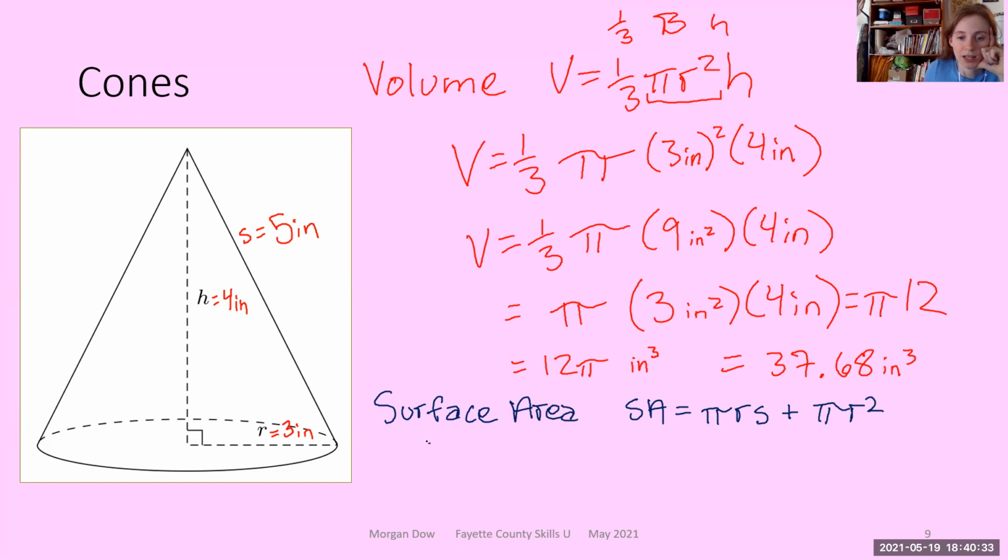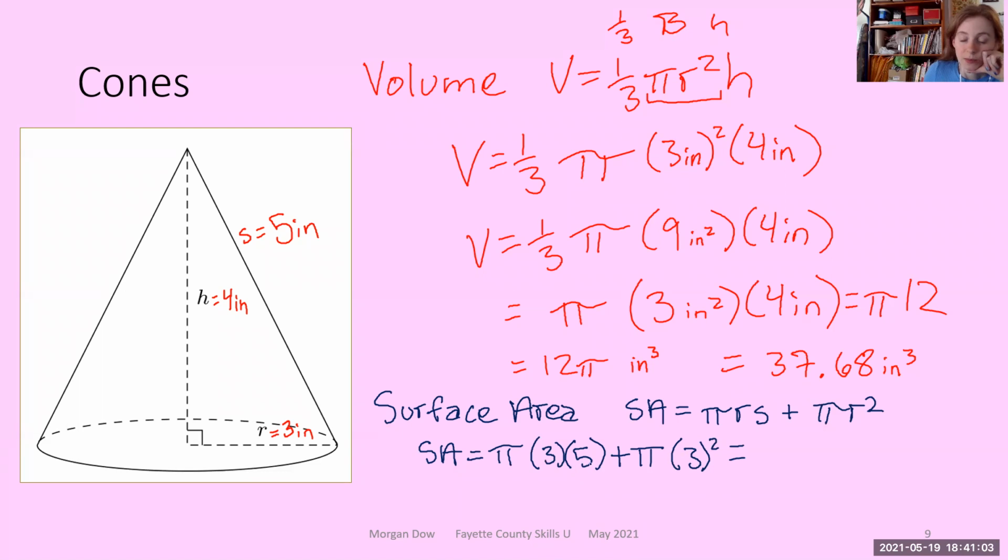I'm going to go ahead and just get right into my calculations. Let's do the same thing we did before, where we try to just calculate the surface area in terms of pi. So we're going to leave the pi's alone and just do everything else. So pi times the radius times the slant height plus pi times the radius squared.